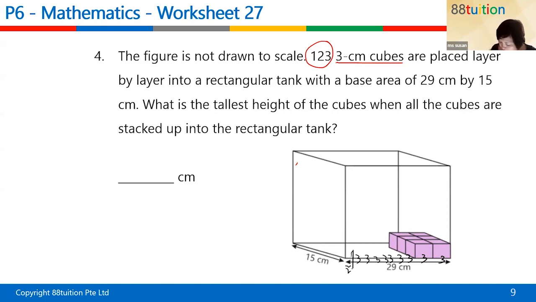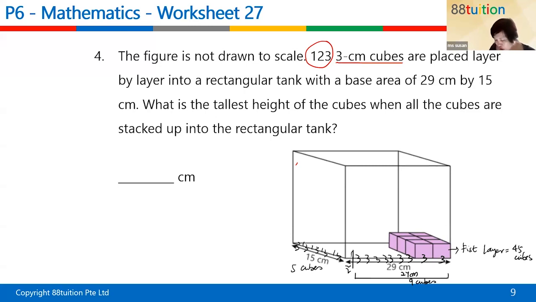Okay, so 3, 6, 9, 12, 15, 18, 21, 24, 27 only. So it can fit until 27 cm, which is how many here? 9 cubes. Then from here, you can have 3, 6, 9, 12, 15. So I have 5 cubes here. So meaning to say, when this is the first layer, the bottom, I call this first layer, I will have 45 cubes here.